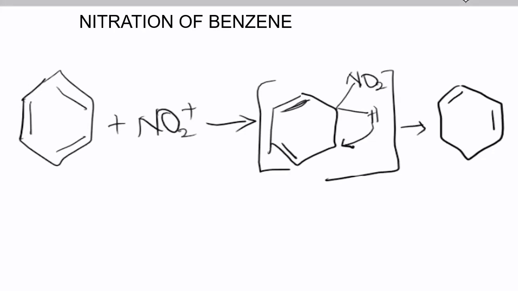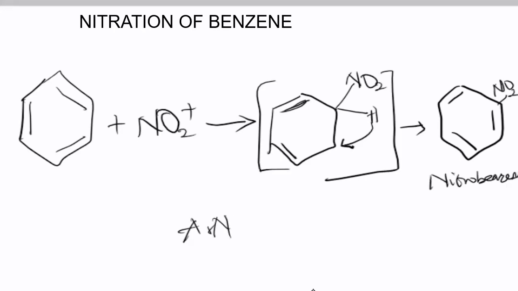So I'll have this nitrobenzene. This process is important in the synthesis of dyes and pharmaceutical agents because the nitro substituted products can be reduced to arylamine, that's ArNH2.